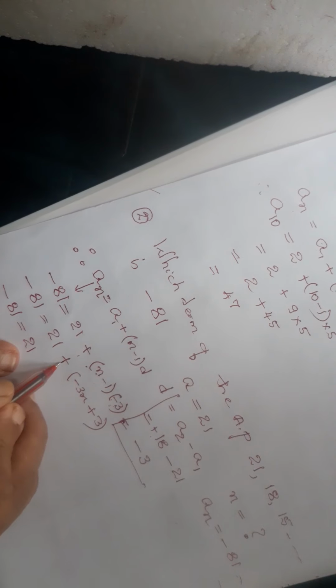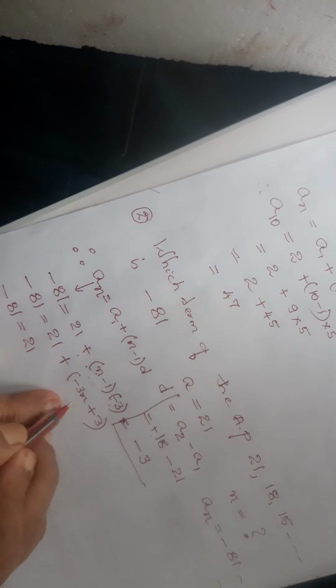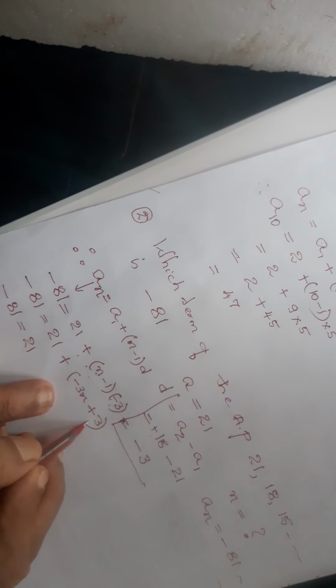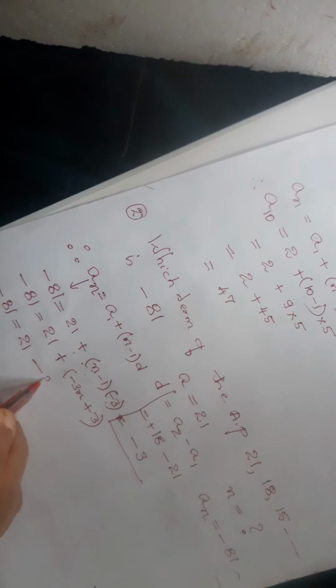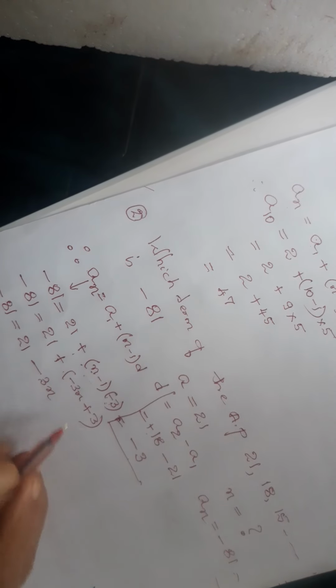There was plus here, but when I opened the bracket I have written minus 3n plus 3. I went according to the rules of how to open the bracket. Plus into minus, minus 3n, plus into plus, plus 3. So I have opened the bracket, that's all.